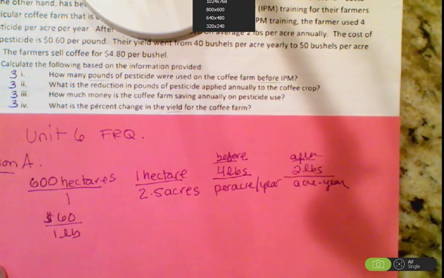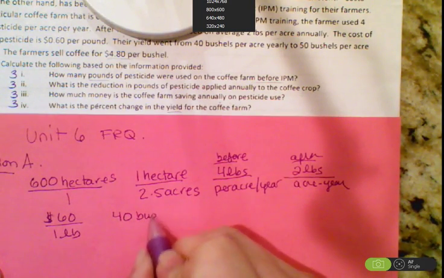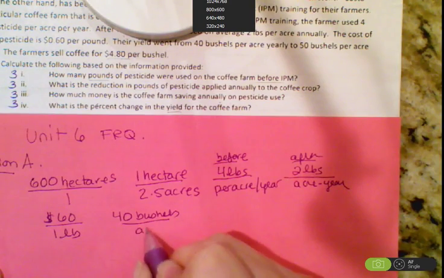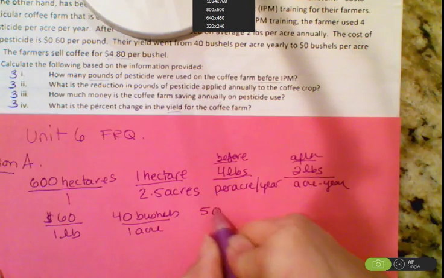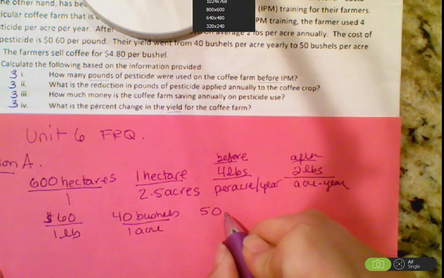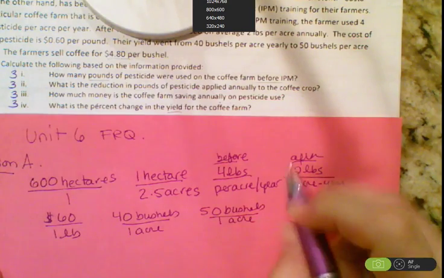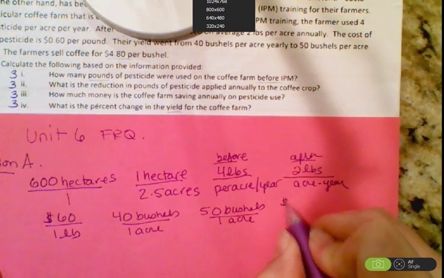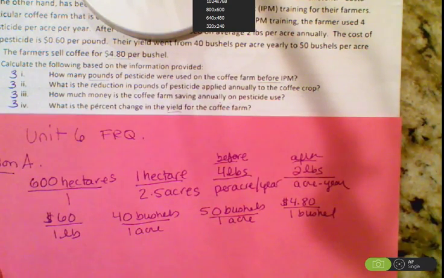Yield went from 40 bushels per acre, so you used to get 40 bushels per acre, and now they get 50 bushels of coffee. Wow, nice. So they use less pesticides and a higher yield of coffee. Good to know. The farmers can sell coffee for $4.80 per bushel.